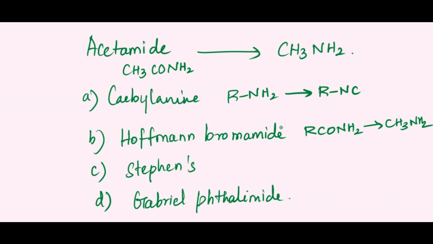We saw that in the aldehydes chapter. And Gabriel phthalimide is from phthalimide to primary amine. So which of the following is true? Hofmann bromamide reaction. You have to note down one thing: if there is one carbon less, then that is the Hofmann bromamide reaction.